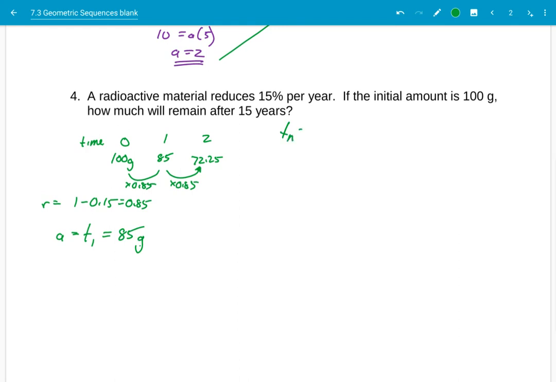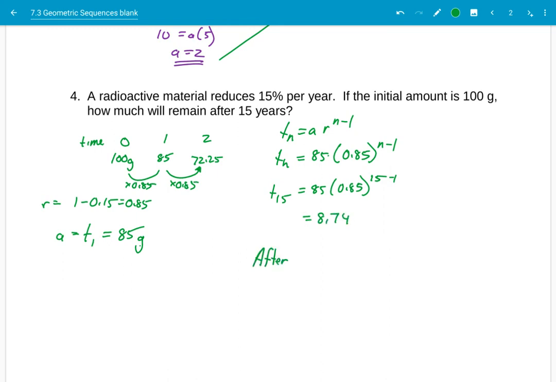So Tn is 85 times 0.85 to the n minus 1, and then we want T15. So the exponent will be 14. We end up with 8.74. After 15 years, there is 8.74 grams remaining. And that's it for the video.